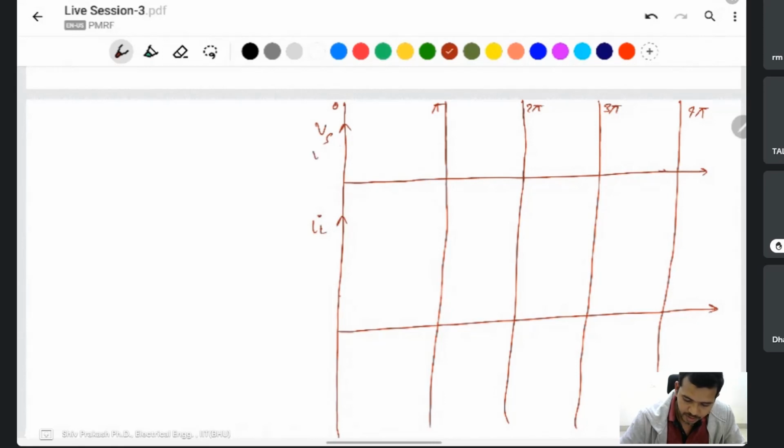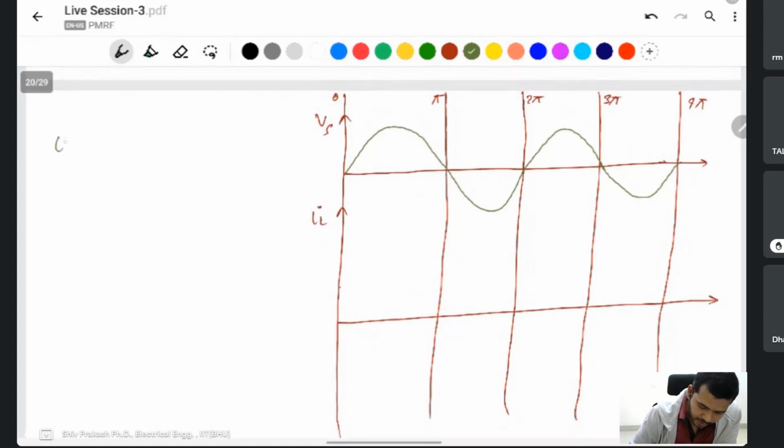Vs is the same as VL. The current is I equal to Vm by omega L into (1 minus cos omega t).